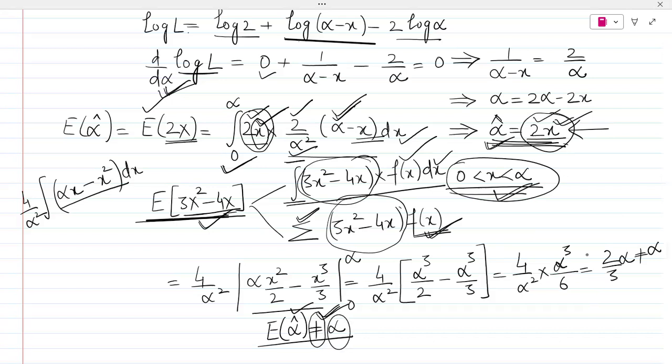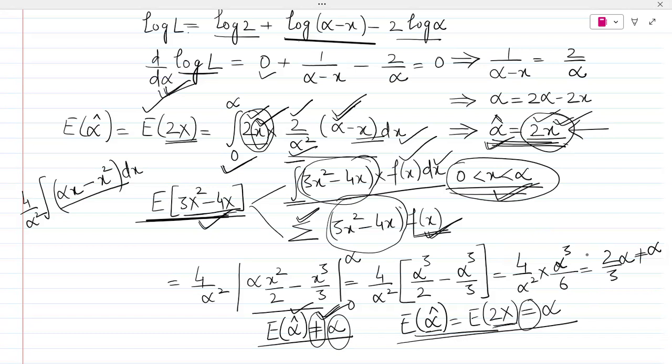If the expected value of this alpha cap, this 2x, comes out to be alpha, then we will say that this estimated value of alpha is the MLE value and also unbiased.